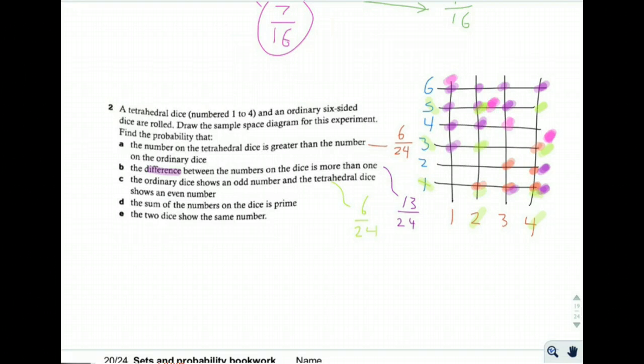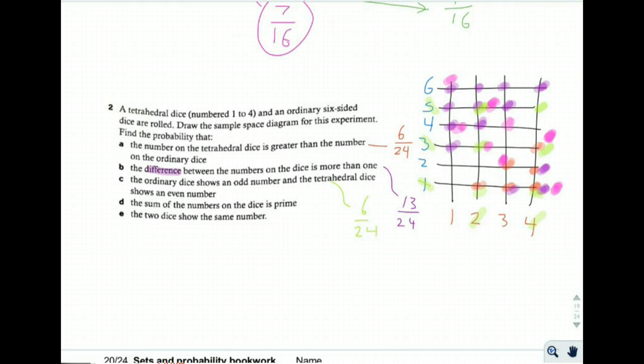Okay, now we go down to 5. 3 and 2 does. 2 and 3 does. 1 and 4 does. 4 and 1 does. That was 5.